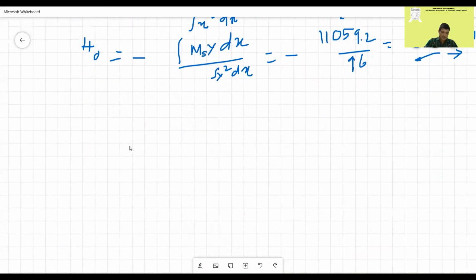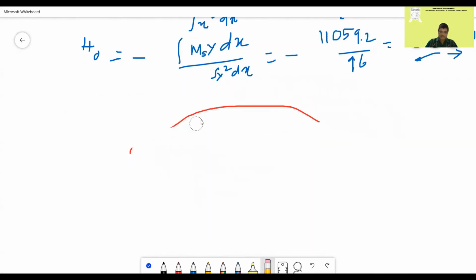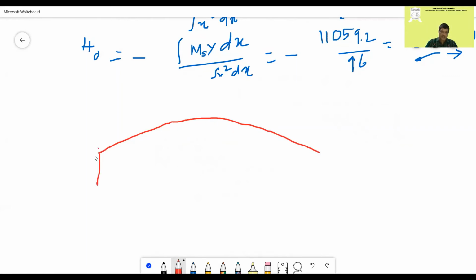Now we only have to find the reactions at A, and the moment at A. So this is your parabolic arch. We find the vertical reaction here, the horizontal reaction here, and the moment here. The moment is 2304, and we found H0 is 115.2, and we have found V equal to V0.